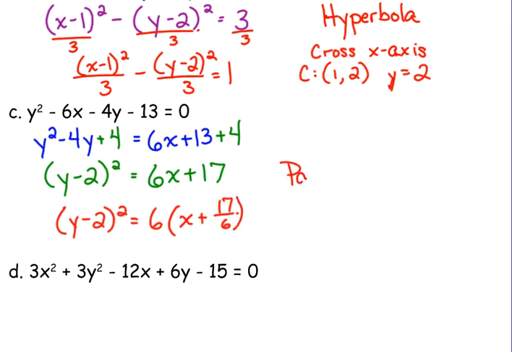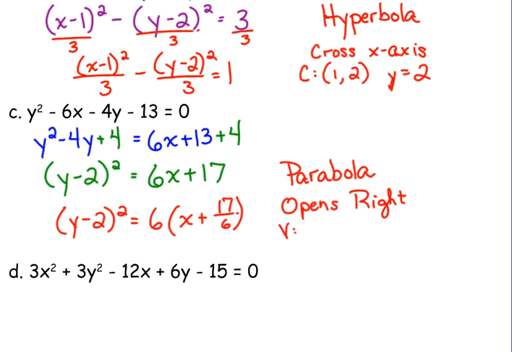So this is a parabola. Which way does it open? It's y squared. Y is squared. So this one's actually going to open to the right, because there aren't any negatives. There's not a negative in front of that 6. If there was a negative in front of the 6, it would open left. But it's all positive, so it opens right. Let's see here.